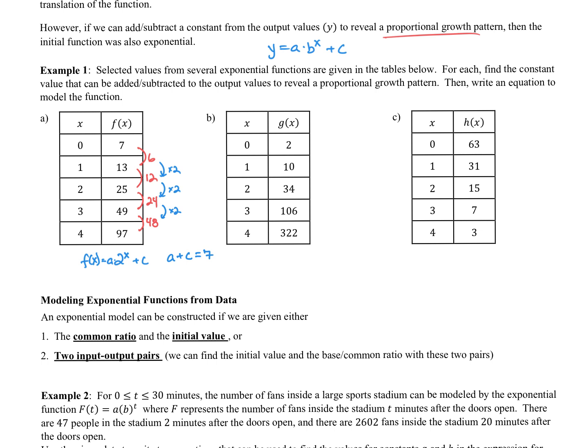Okay, this is vitally important. Then I'm going to substitute in this 1 and this 13. When I substitute in 1, 2 to the power of 1 is what? 2. So now I have 2a plus c, which is equal to what? 13. So now I have a system of equations: 2 equations, 2 unknowns. And now we just solve.